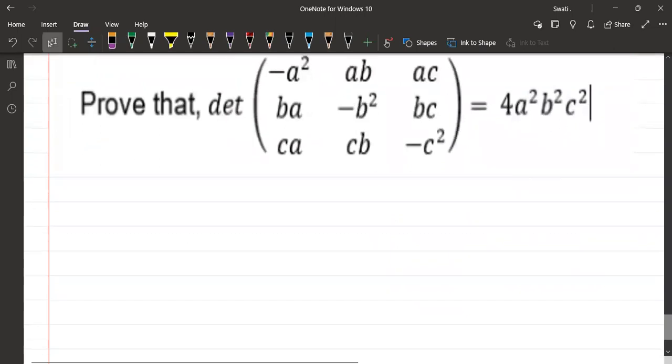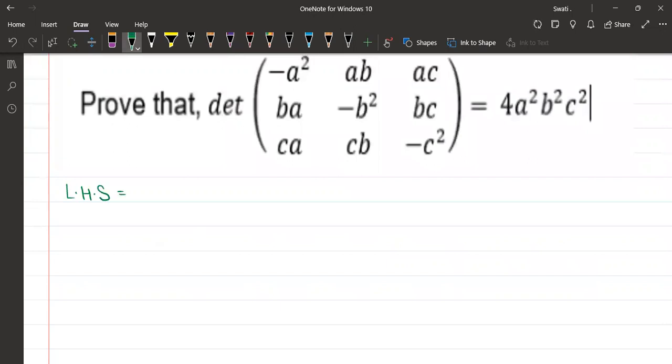Let us first write down what we have on the LHS. LHS here, of course, is the left hand side. There are basically two ways to write down the determinant. Either you can write determinant of A like this, or you can directly write it like this, because this is a symbol of determinant. So I'm going to write directly like this: just a straight line and then the values.